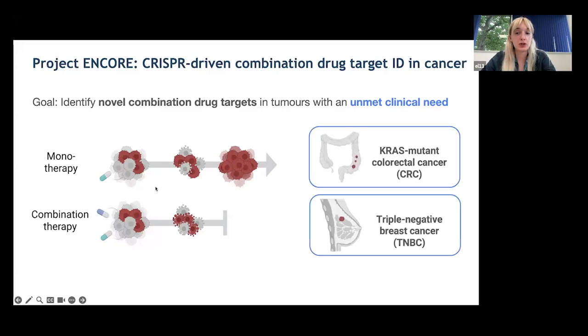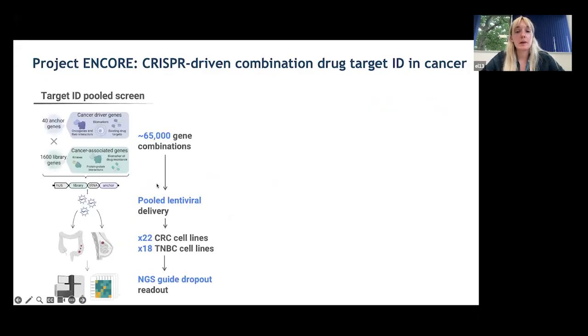ENCORE focuses on two tumor types with unmet clinical need. These are KRAS mutant colorectal cancer and triple negative breast cancer. So I'll start by introducing the pooled target ID screen that was executed in the Garnett lab here at the Sanger. So to walk you through the approach, because we were looking at combinatorial effects, we were using a dual guide system, so targeting two genes simultaneously.